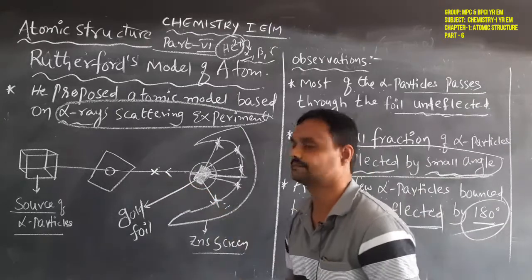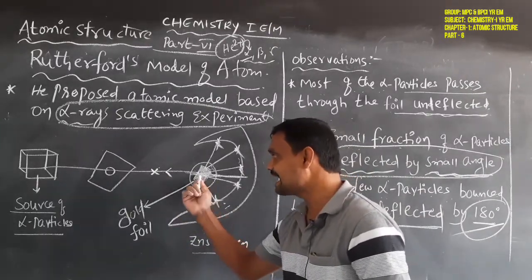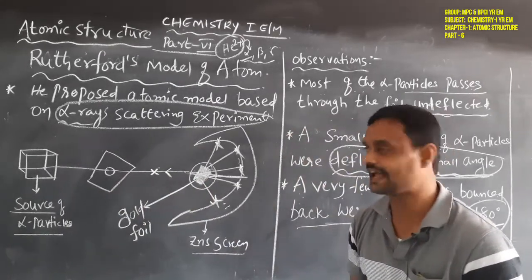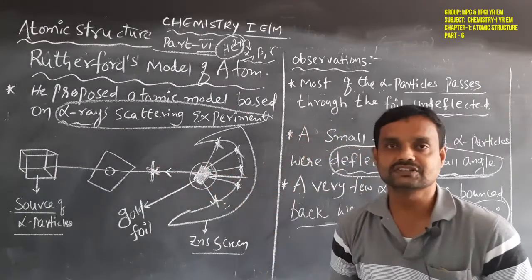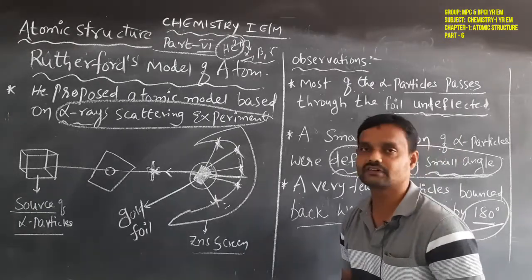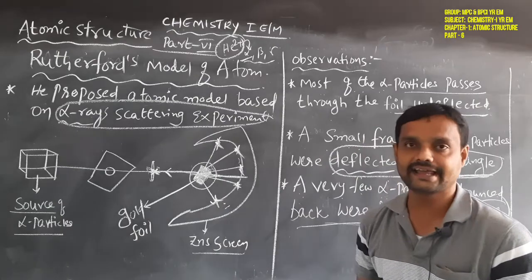This is the important one. A very few alpha particles are deflected by exactly 180 degrees. These are the observations made by Rutherford using his alpha ray scattering experiment.